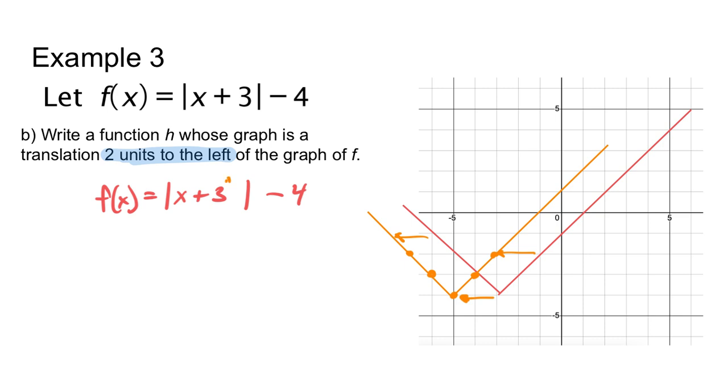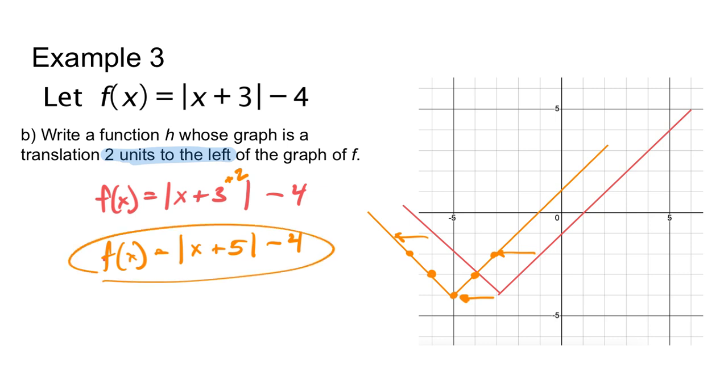So that plus 3 is going to increase by 2, and my new equation is going to be the absolute value of x plus 5 minus 4. If you look at your equation, you'll see that this orange line has, in fact, from the parent function, regular old absolute value of x, moved to the left 5 units and down 4. And my resulting equation is this new guy right here.